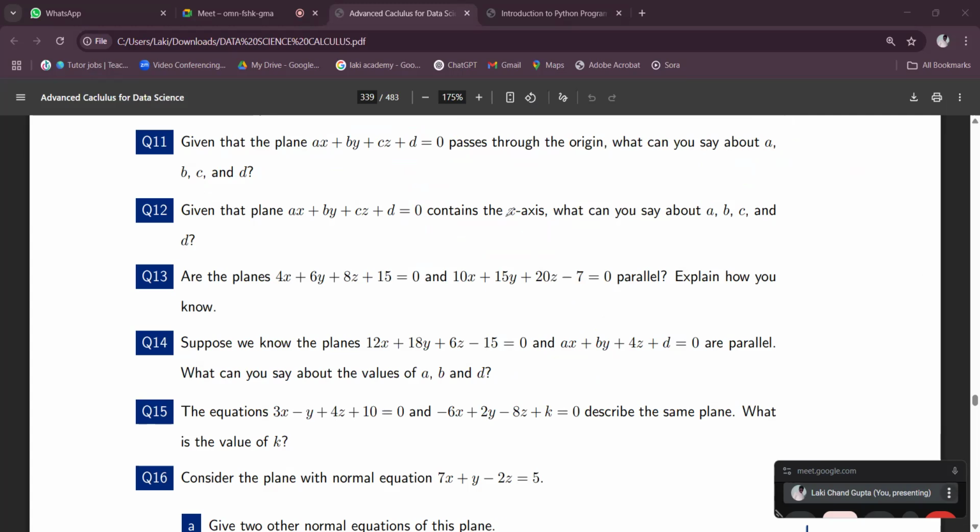Now see question number 1. If it contains the x-axis, what can you say about x? X-axis means what? Y 0, Z 0, right? So D becomes, x is any constant, right?